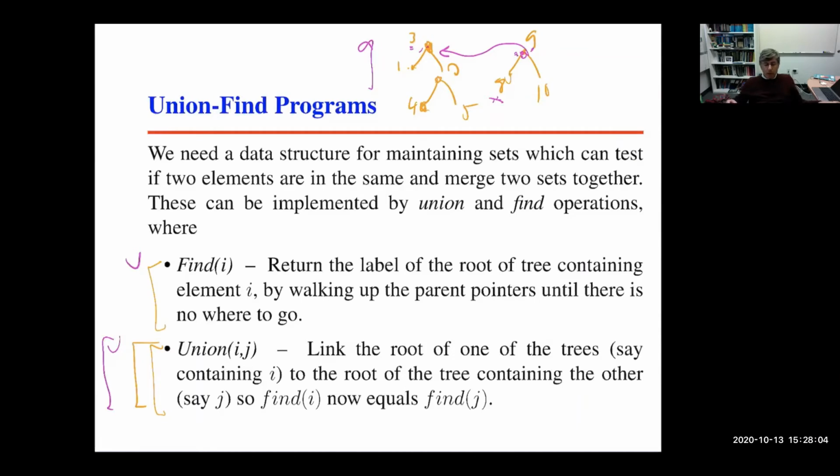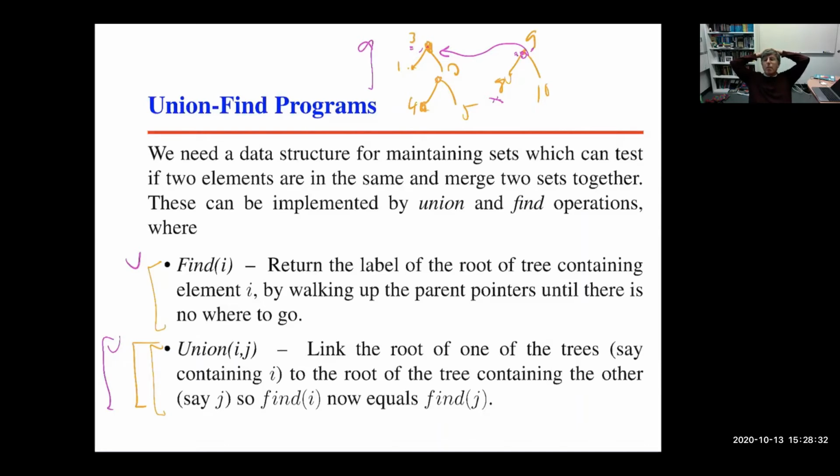For me to take the union of 3 and 9, should I have had 9 point to 3 or 3 point to 9? I think 9 point to 3 because the height is smaller. Did everybody see that if I take the shorter tree and point it to the taller tree, I'm not increasing the height at all, right?